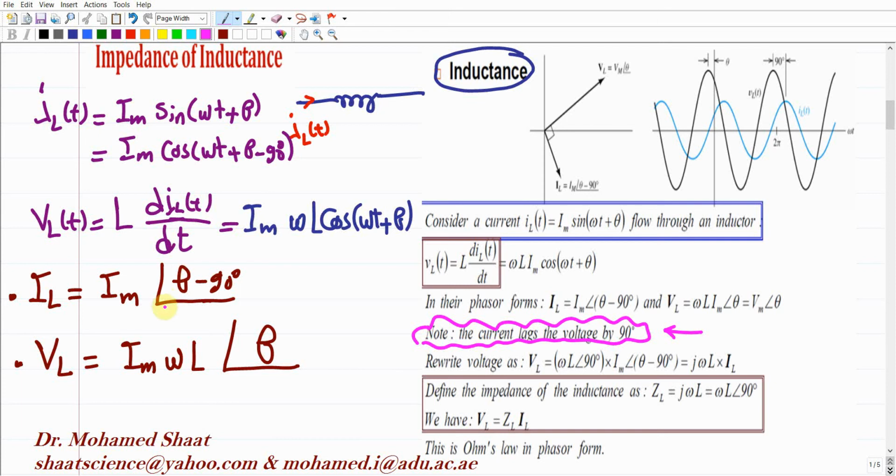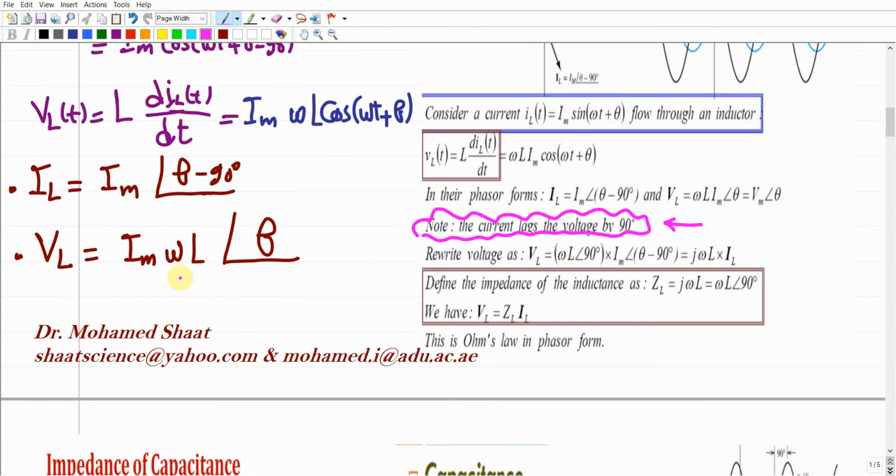Make sense? So if I ask you to write a relation between them, we can make some changes here. How about if I decided to use the same phase for both of them?